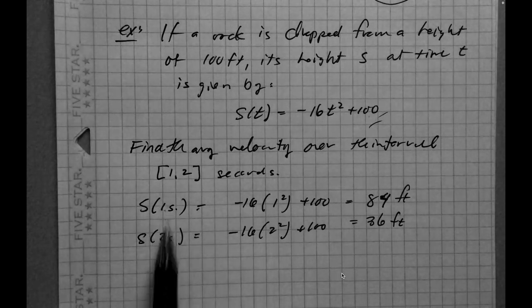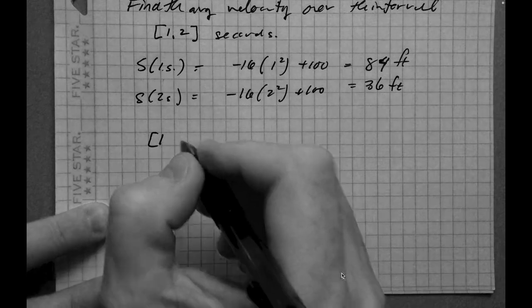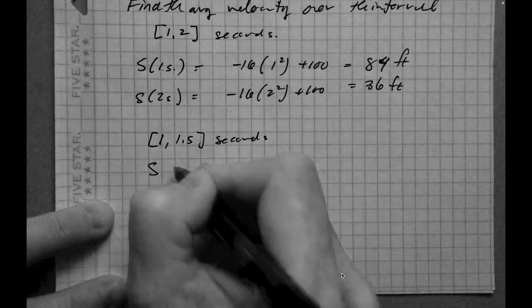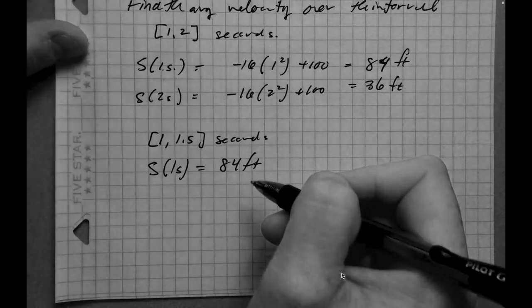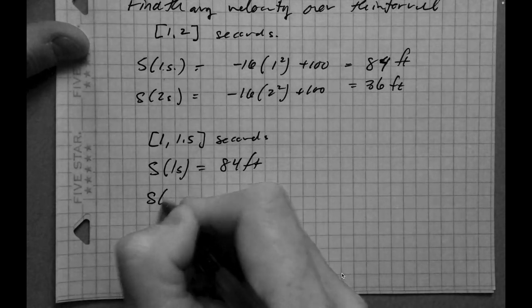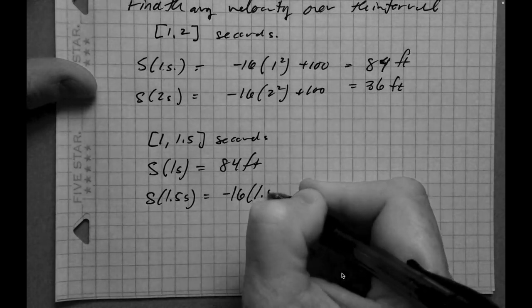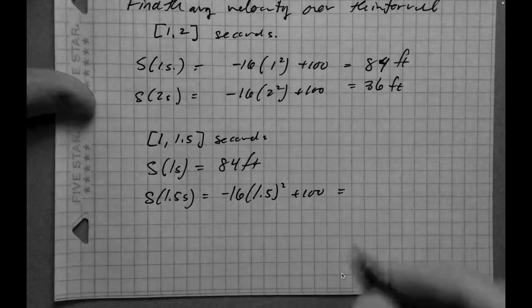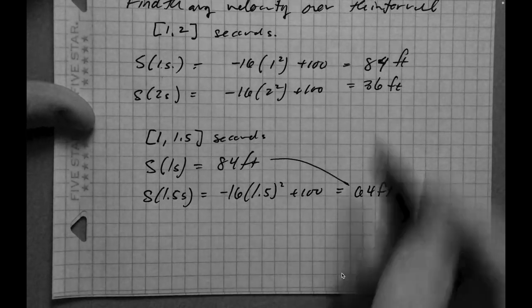Now, 1 second and 2 seconds are rather far apart. Let's see what happens when we tighten up that interval. What about 1 and 1.5 seconds? Again, s of 1 second is 84 feet. But what happens at s of 1.5 seconds? It's negative 16 times 1.5 squared plus 100. When you run those numbers, you get 64 feet. You can see those are closer.